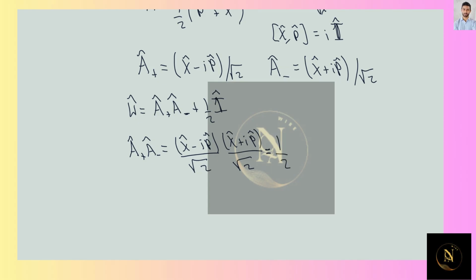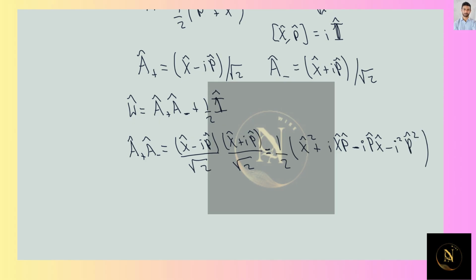First of all, 1 over 2, because of those numbers. The first operator that we're going to have is x squared plus i x times p minus i times px minus i squared p squared.